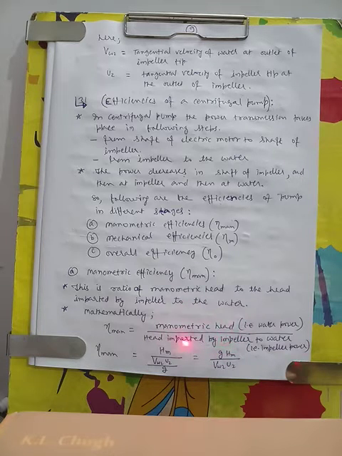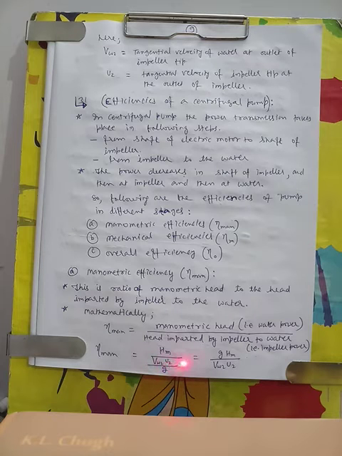So it can also be written as manometric head divided by head imparted by impeller to the water, and it can also be written as water power at the outlet of the delivery pipe and impeller power. Impeller power means whatever power the impeller is supplying to the water, that is the VW2 U2 by G. We have seen in the last article.